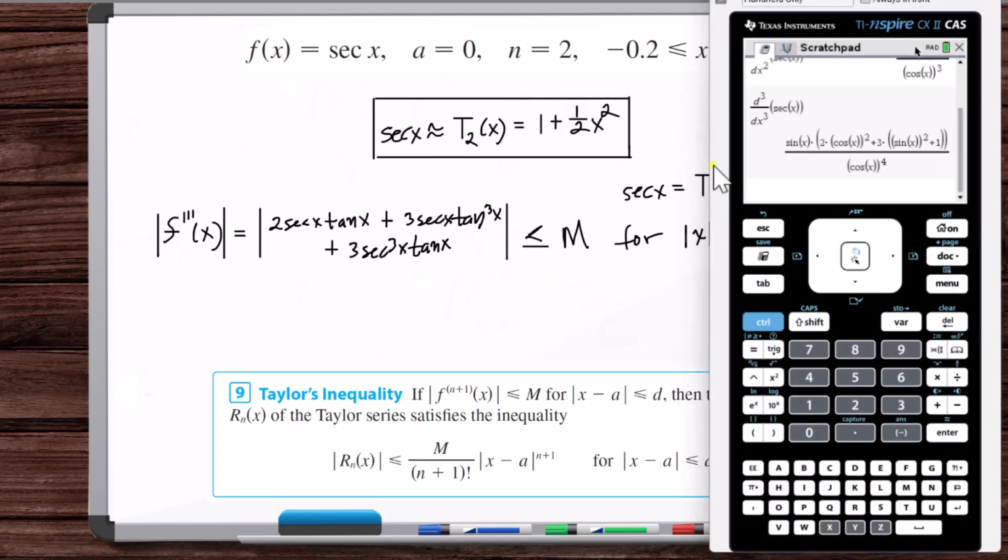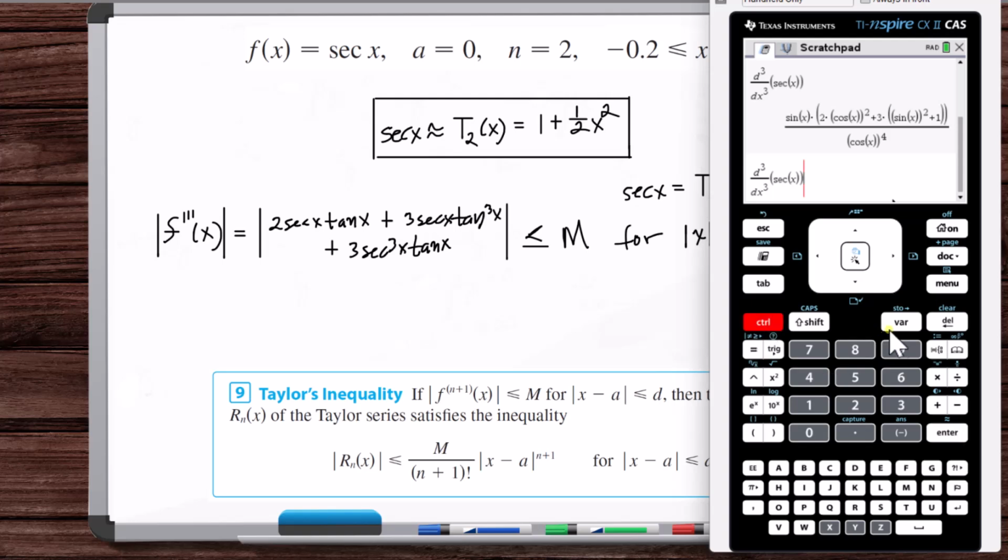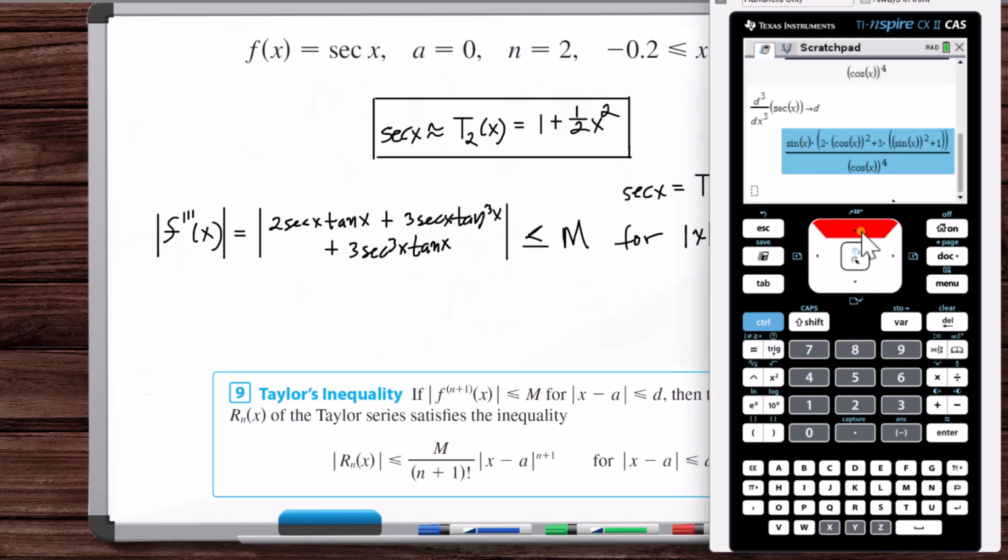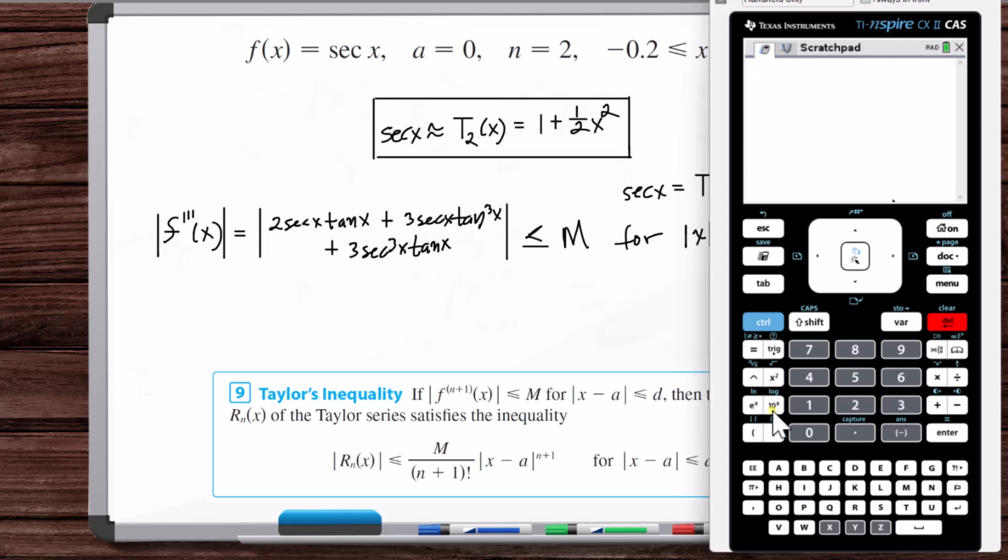Okay, so let's see, there it is. Let's store that as, we'll call that d for derivative. Okay, so we're in radians. So d with x equal to 0.2.